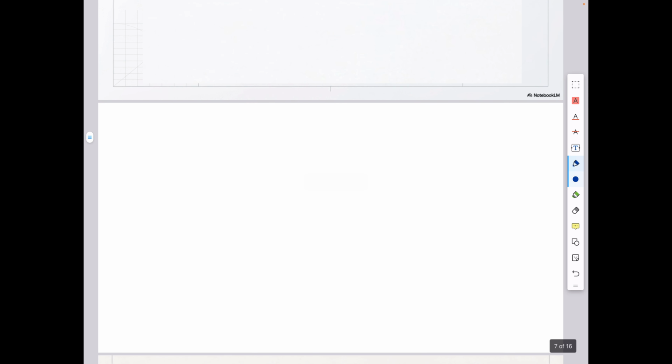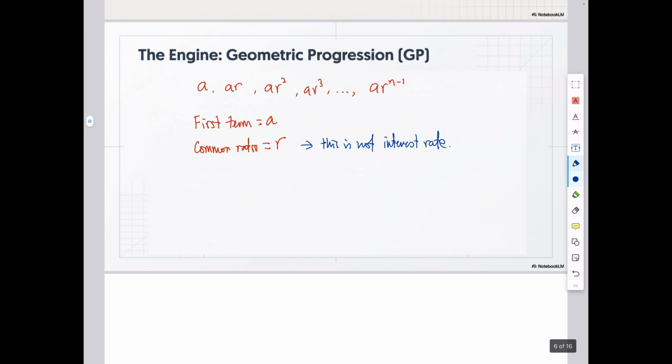So what happens is that if I were to add GPs together, that means I want to consider a plus ar plus ar squared plus ar cubed all the way to ar^(n-1), because I'm going to find my total portfolio value, correct? So same thing, I use the notation Sn.